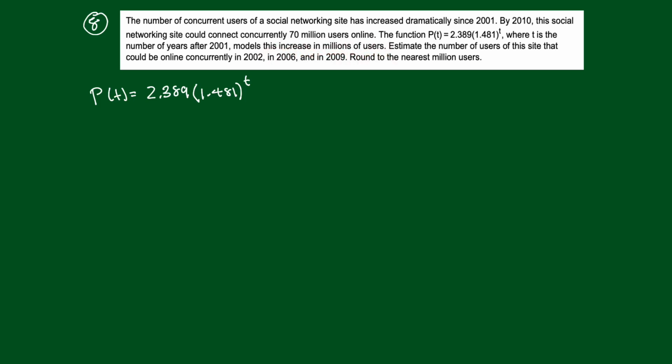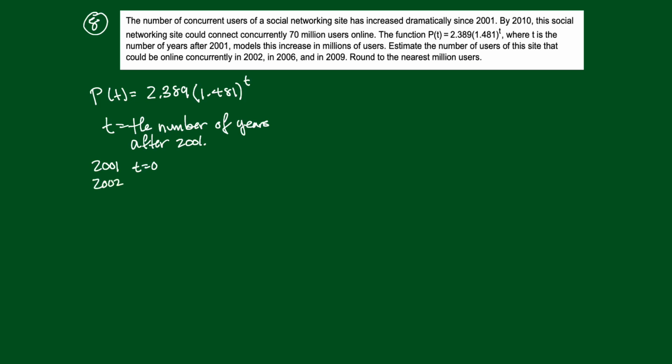So what we want to do is to estimate the number of users of this site that could be online concurrently in 2002, 2006, and 2009, and round to the nearest million users. So let's make our estimations. First of all, t is the number of years after 2001. So in 2001, t is equal to 0 because we're 0 years after 2001.